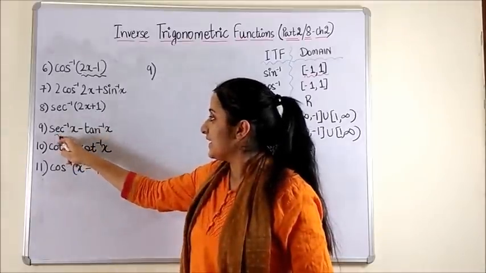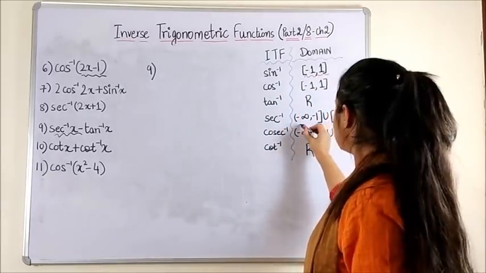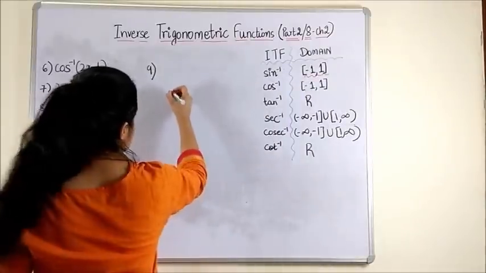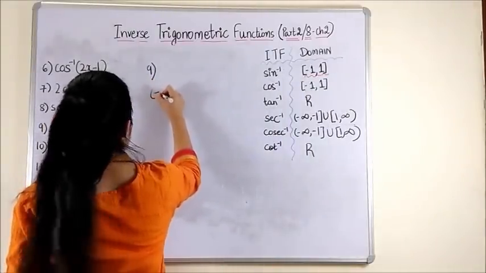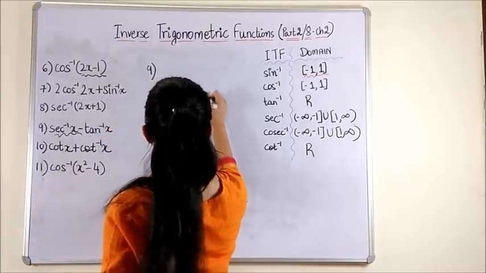If you could see again, secant inverse x. This is the domain for secant inverse x. So this gives us the answer. That means the domain of secant inverse x is minus infinity to minus 1 union 1 to infinity.